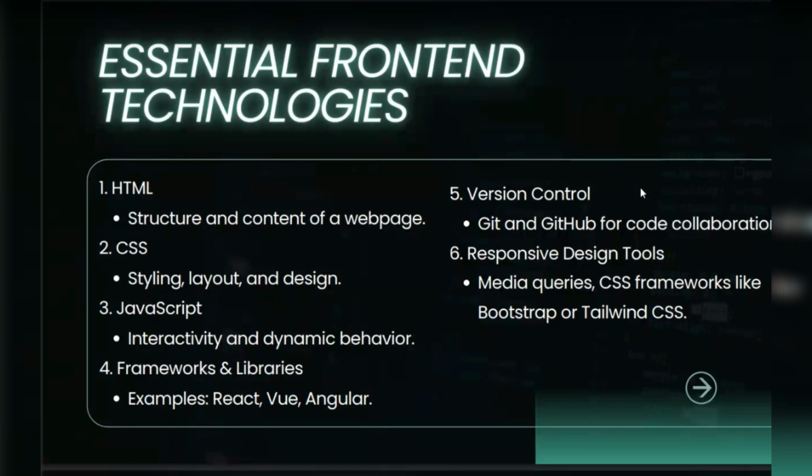Now, when you start adding designs to the house, you color it, you place the chair in a particular position, you place the table in a particular position, and the bed is somewhere else. That is called styling. You are adding beauty to it, and that is known as the CSS of the web page.